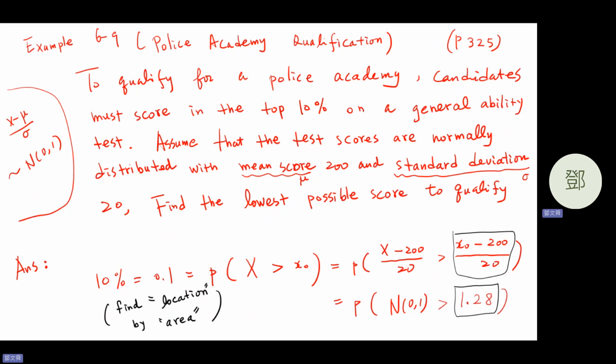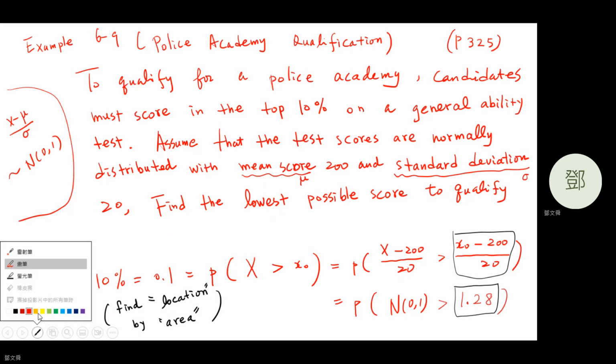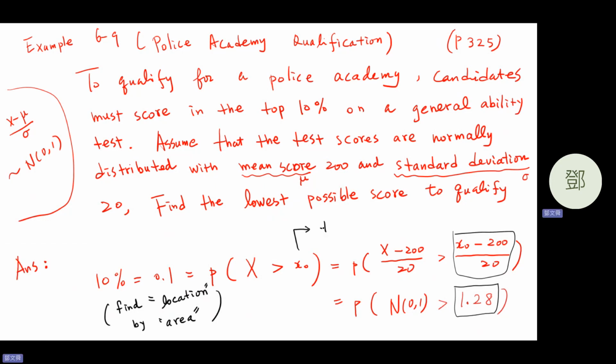So that is the lowest possible score to qualify.